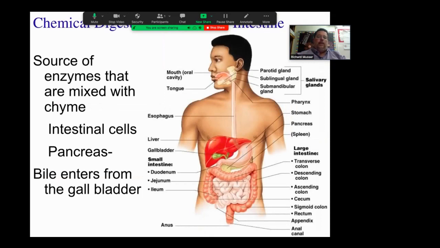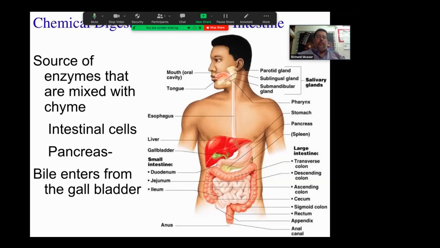So again, the chyme is what's going to be in the stomach, and that's going to include basically the food that you've eaten and water, along with the acids that are present in your stomach. So that chyme will be squirted into the small intestine through the duodenum. If you look at this picture here, this is the duodenum. And from there, digestive enzymes are going to take place.